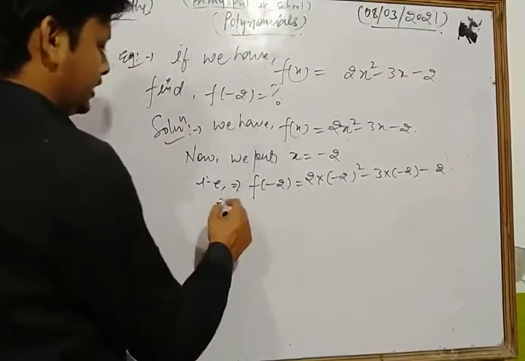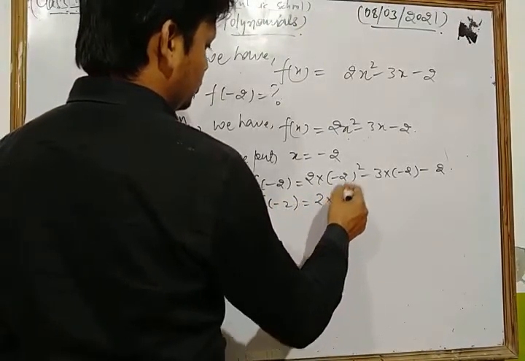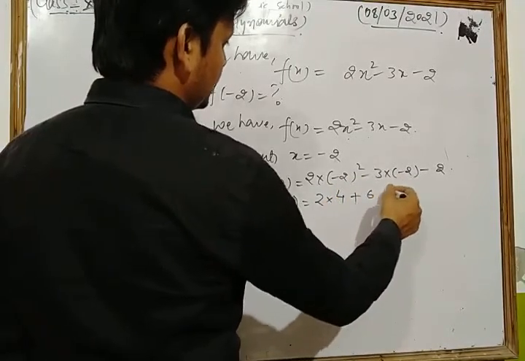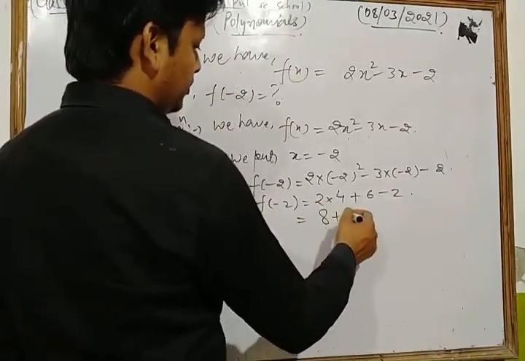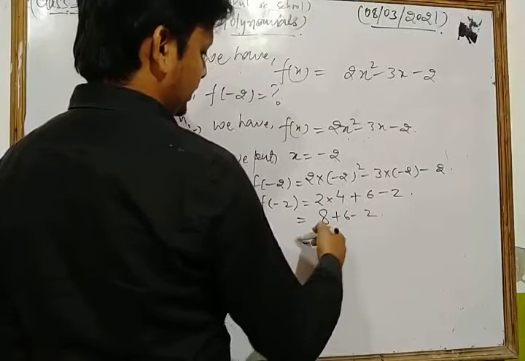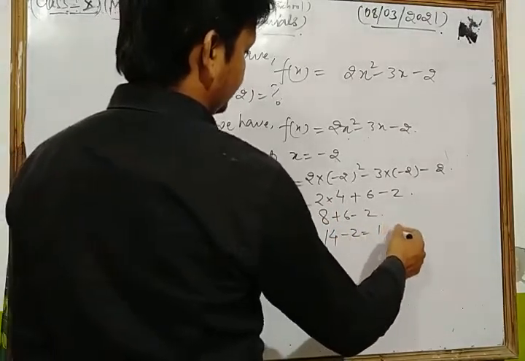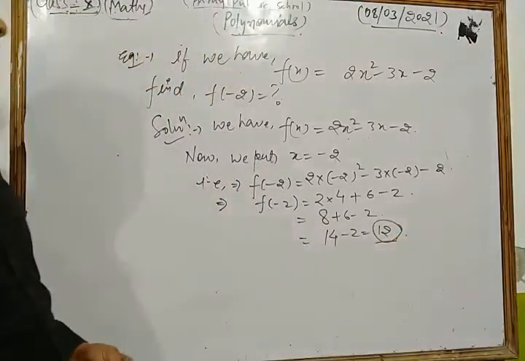So we get 2 into 4, which is 8, plus 6 minus 2. Now 8 plus 6 is 14, minus 2, that is 12. This is the value.